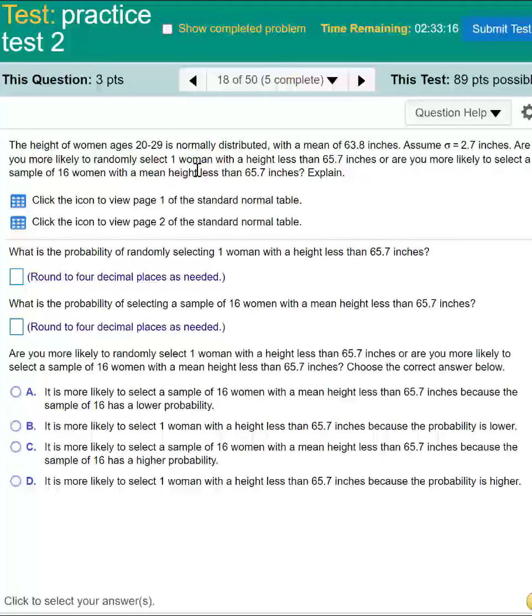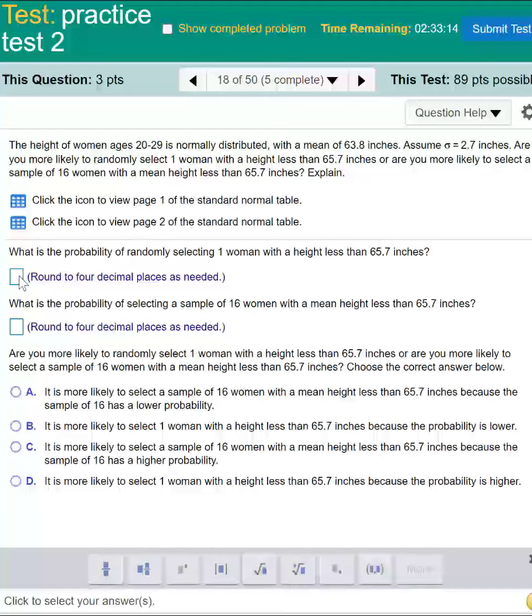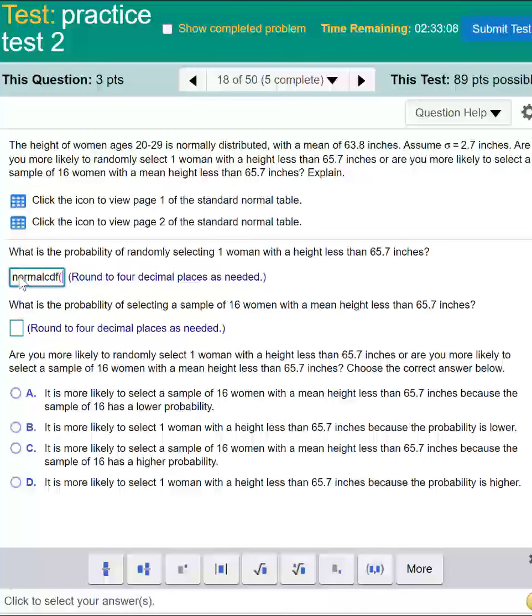Now, one person is just the probability of X. So for the first one it will be normal CDF, negative a million, 65.7 inches, and then you put the mean and the standard deviation, 63.8, and then the standard deviation, which is, what did he say? The standard deviation 2.7.